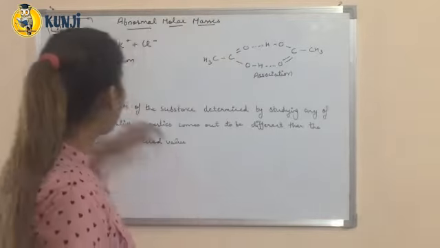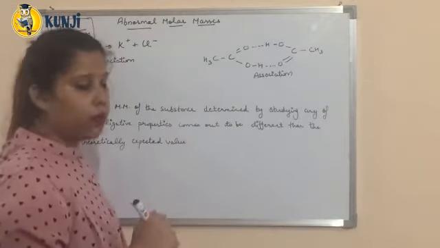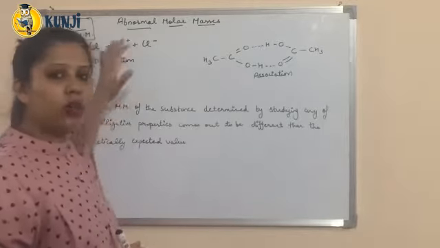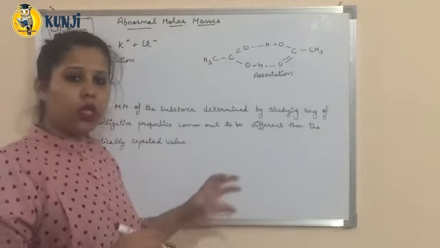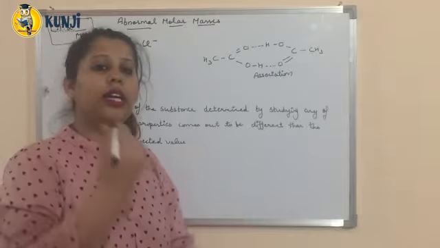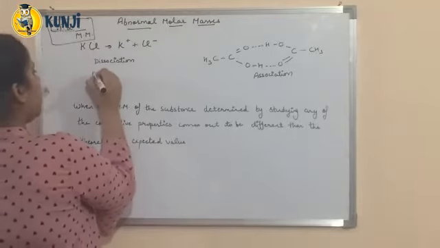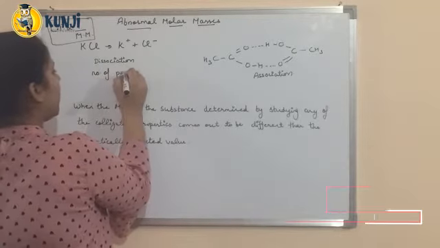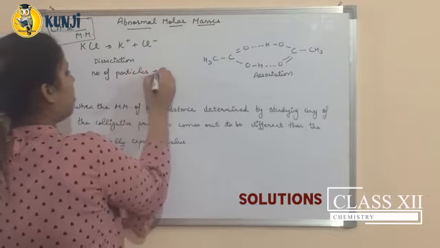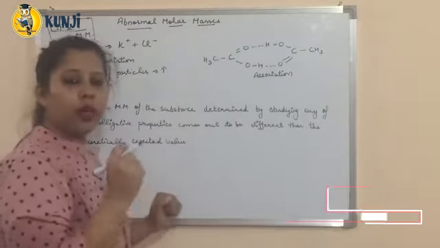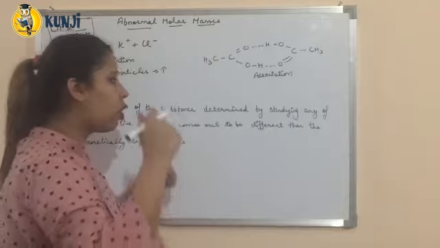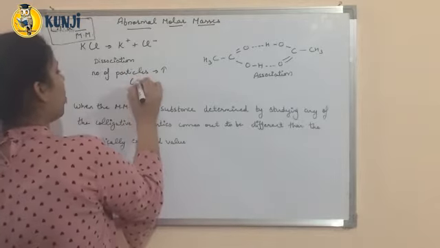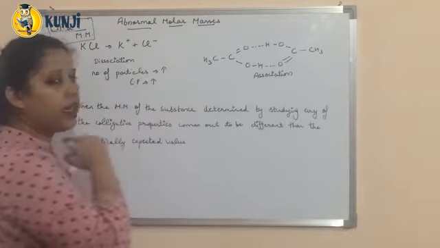For example, if we take KCl as a solute, KCl will dissociate into K positive and Cl negative. Now the number of particles will increase. As colligative property depends upon the number of particles, the value of colligative property will also increase.